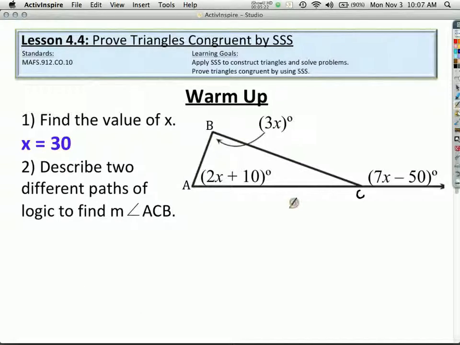I lost it. Okay, you're not lost. It got you what? You're the one who said it. That x equals 30. Good, x equals 30, but I'm asking you to give me this angle. I asked for 2 different paths of logic to get that angle. You just answered question number 1, and that was a great explanation for question number 1. But I want angle ACB. We'll come back to you.